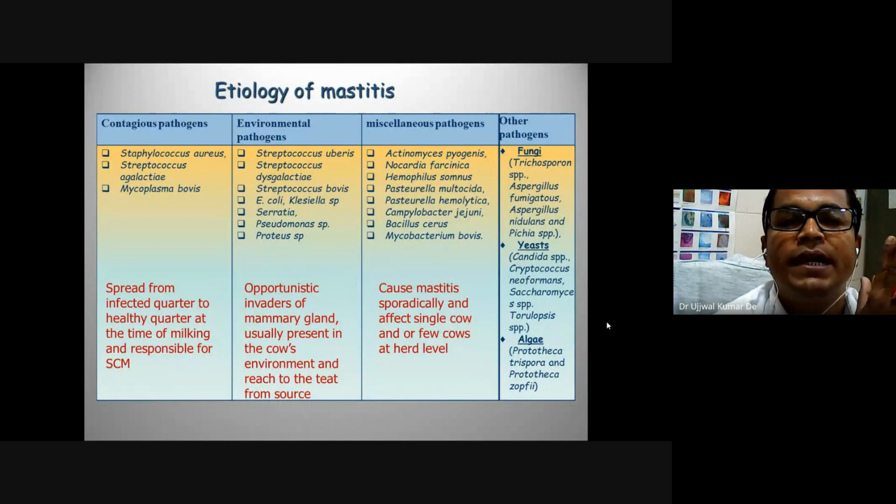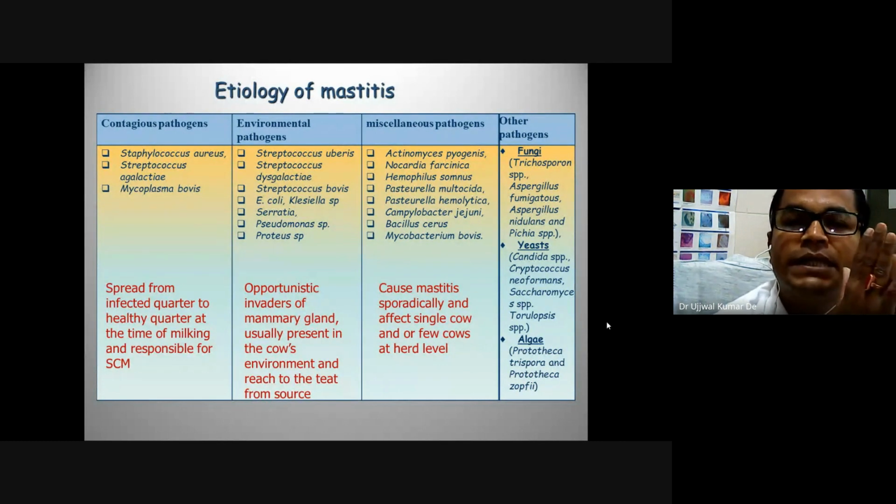When they get the opportunity, they enter the mammary gland through the teat canal. This happens, for example, when the cow is just after parturition, or when the cow is immunosuppressed and not immunocompetent. In that case, these pathogens enter the mammary gland and produce mastitis.